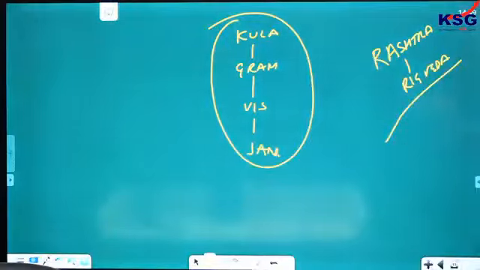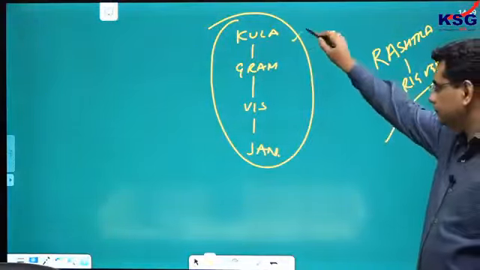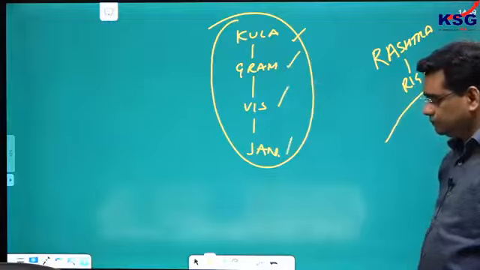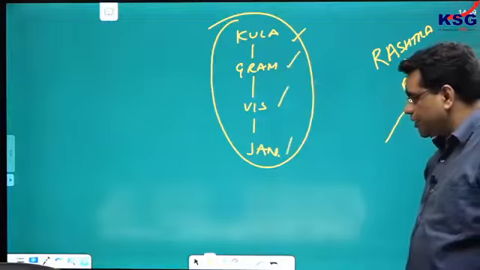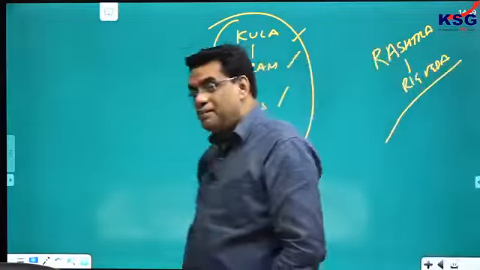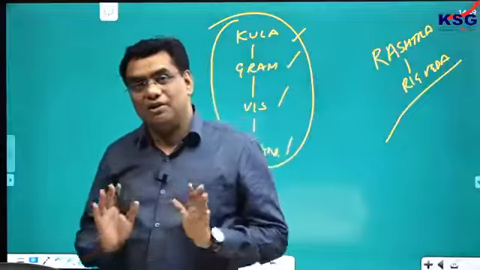So Kula, Gram, Vis and Jan. Jan means tribe. Bharat was a tribe. We can say Bharat Jan.